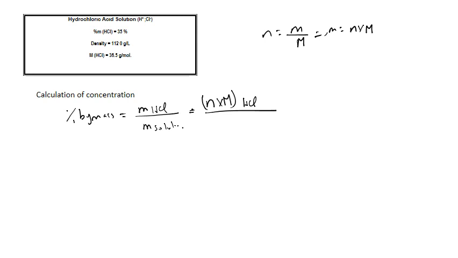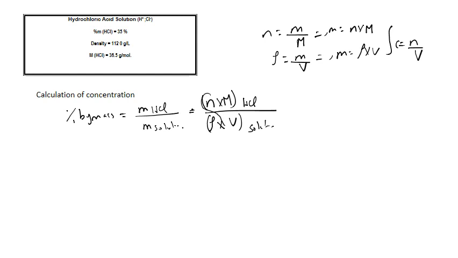For the mass of the solution, we know that density equals mass over volume, so the mass of the solution is density times volume. So substitute the mass of the solution by density times volume. Also we know that concentration is number of moles over volume, so number of moles over the volume of the solution can be substituted by concentration.